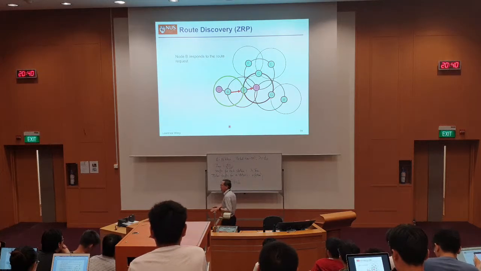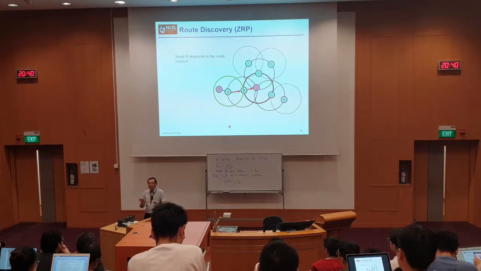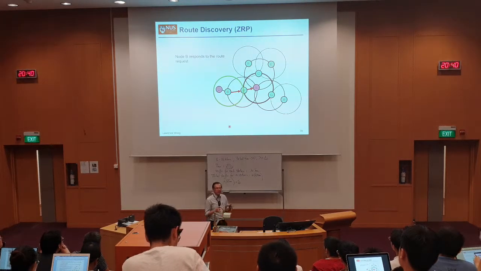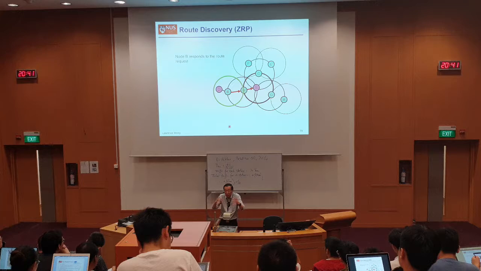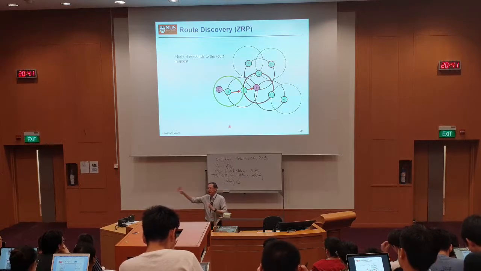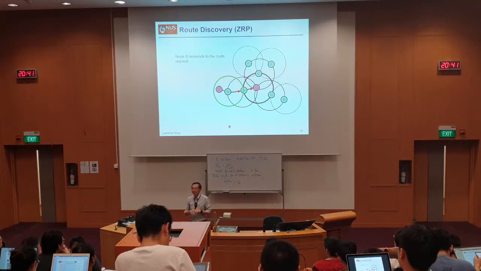So by partitioning the network in this way, you try to make the best use of table-driven and reactive. Table-driven to manage a smaller cluster of nodes using a table, and then for nodes further apart, you use the peripheral nodes to figure out what's happening.